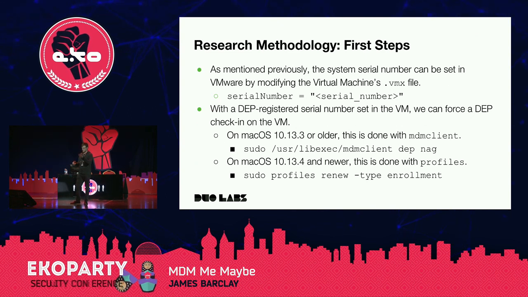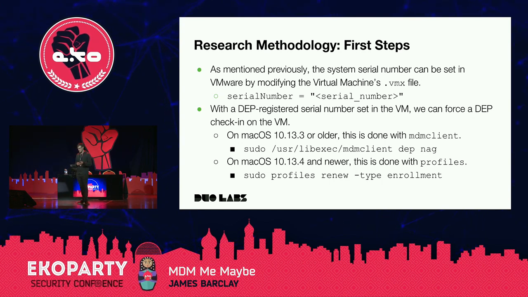As I mentioned previously, changing the serial number in VMware Fusion's VMX file to be that of a DEP-registered serial number will confirm that that is the only piece of information that determines what activation record is retrieved. This can easily be verified by using either the mdmclient or profiles binary to force a DEP check-in.